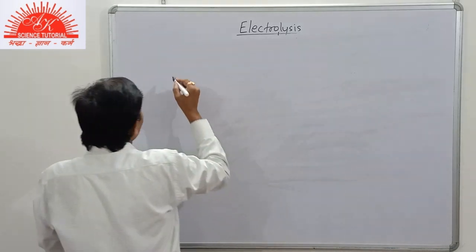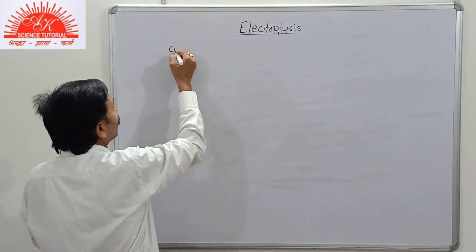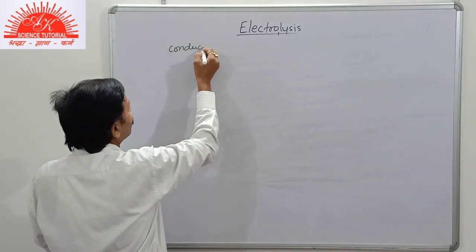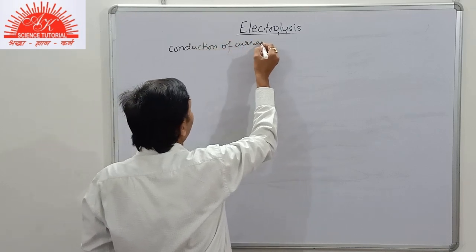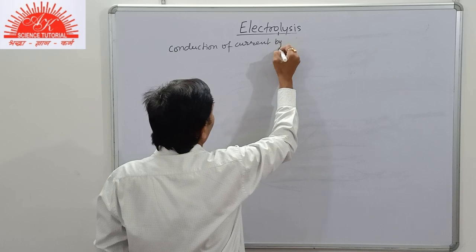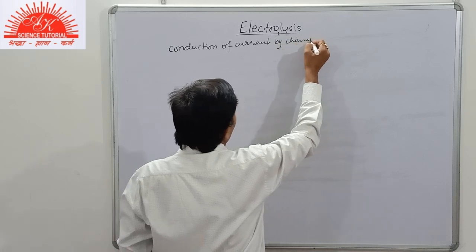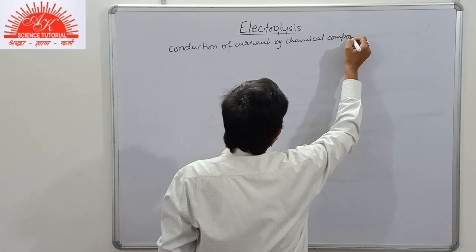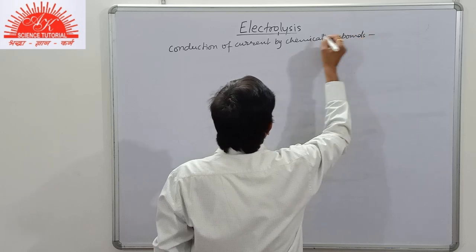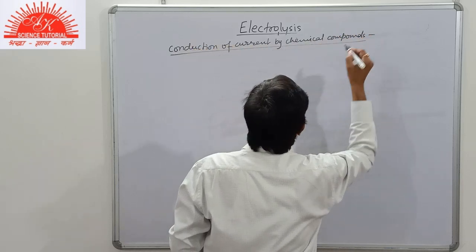So we take the heading conduction of current by chemical compounds, or generally which are actually ionic compounds.